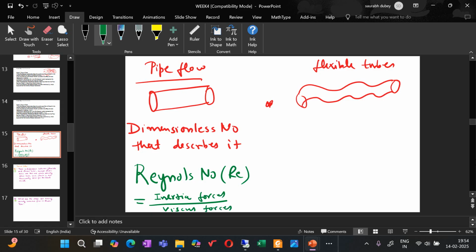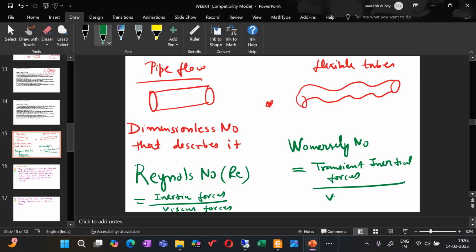And if you see in this one, this is the Womersley number. What it says, this is the transient inertial forces to the viscous forces, and you write it in length scale as a, the diameter, under root of omega by nu.